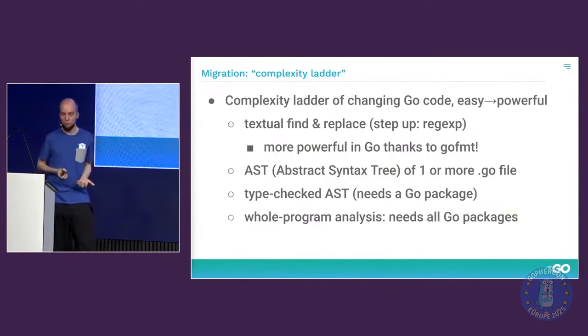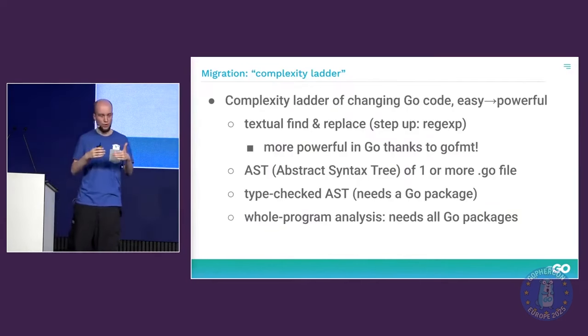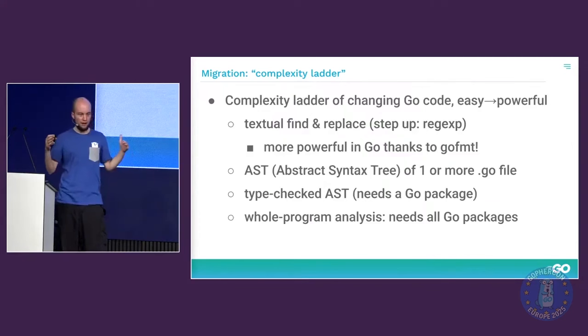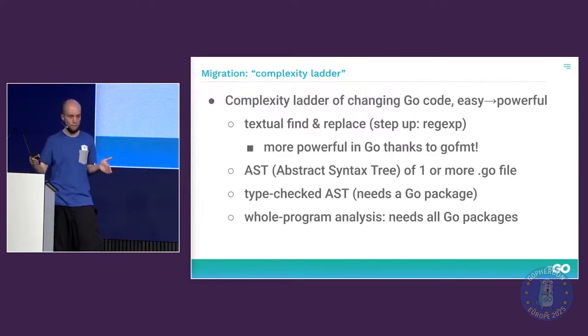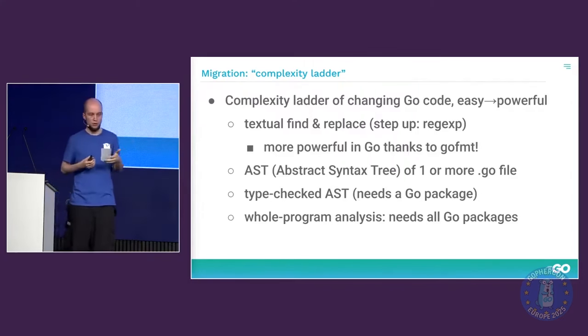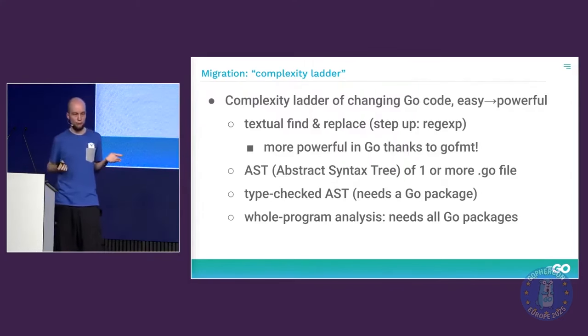All right, so whenever we're talking about rewriting Go code, one mental reference that I like to speak about is what I call the complexity ladder of changing Go code, where it ranges from very easy to very powerful. And the easiest is you just use textual find and replace, right?